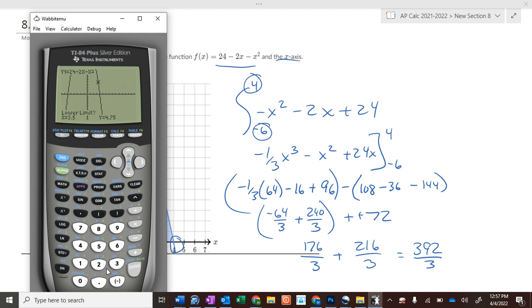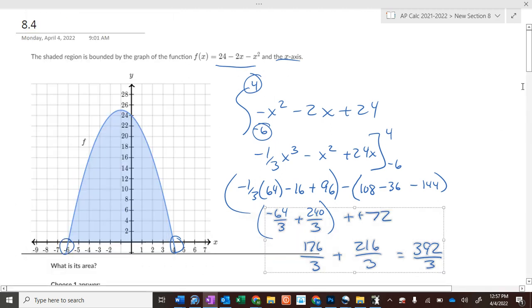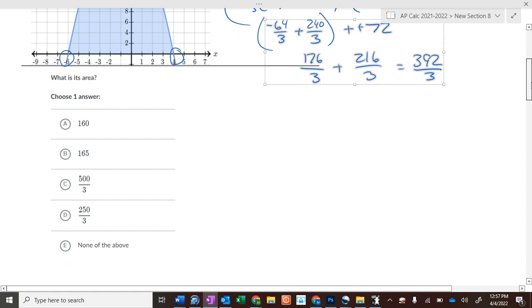The integral from negative 6 up to 4 is 166 and 2/3. So it's 500 over 3. So I must have zinged when I should have zanged somewhere along the line.